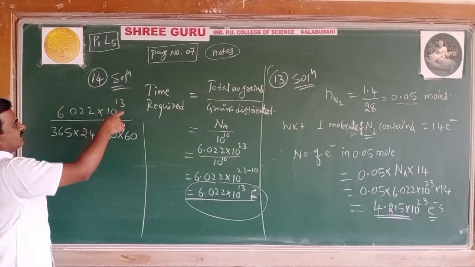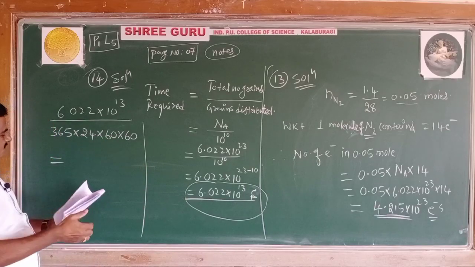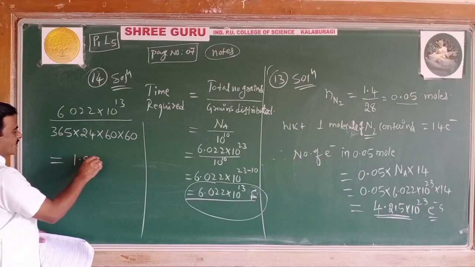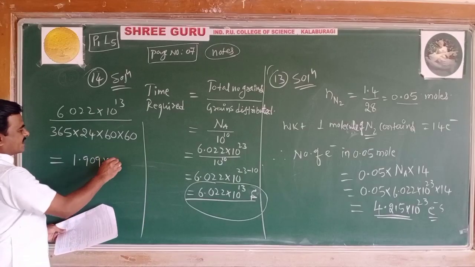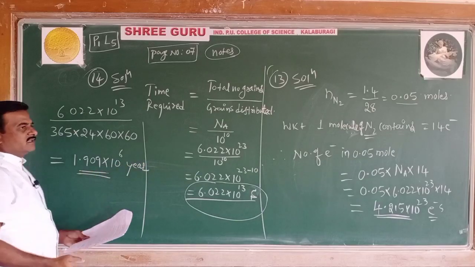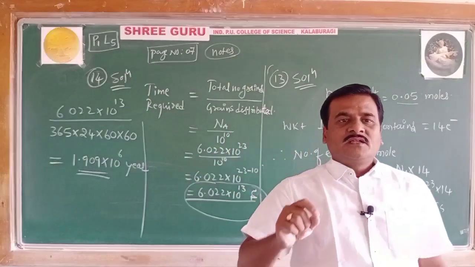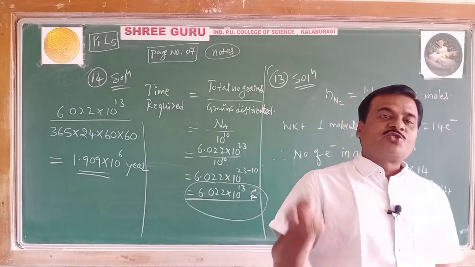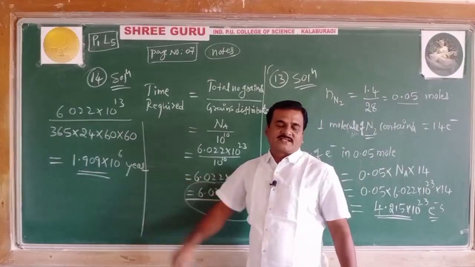And dividing this resulted answer by this, you get, try yourself, I have direct answer, which is 1.909 into 10 to the power 6 years. These many years is required to count 1 mole of wheat grains, if 10 to the power 10 wheat grains are counted every second.